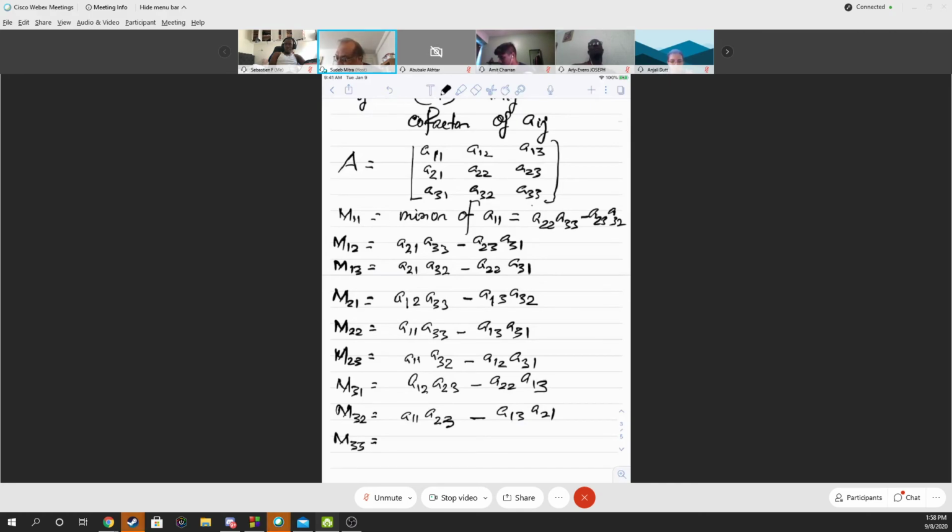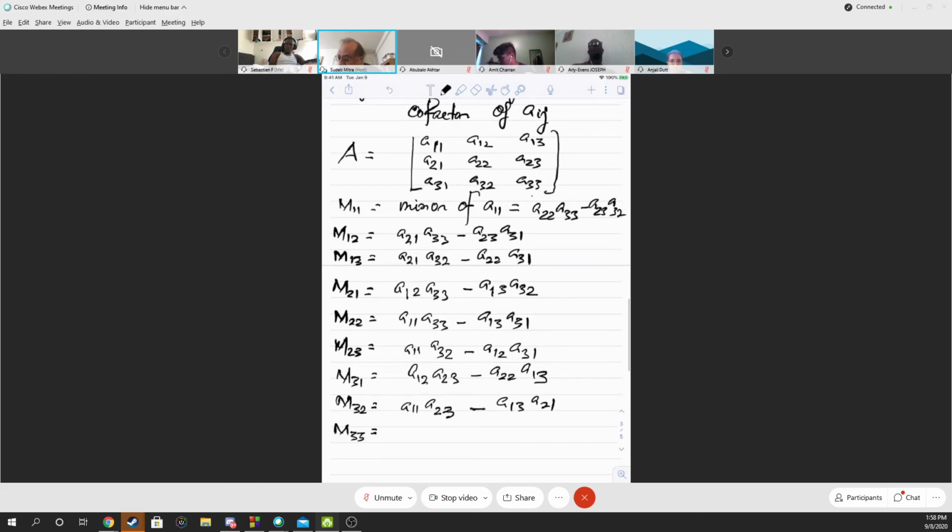And M33 is A11, A22 minus A12, A21. Let me double check M32: A11, A23 minus A13, A12. Yeah, that's right. So this is the whole story of minors. These are the minors. And the cofactors.